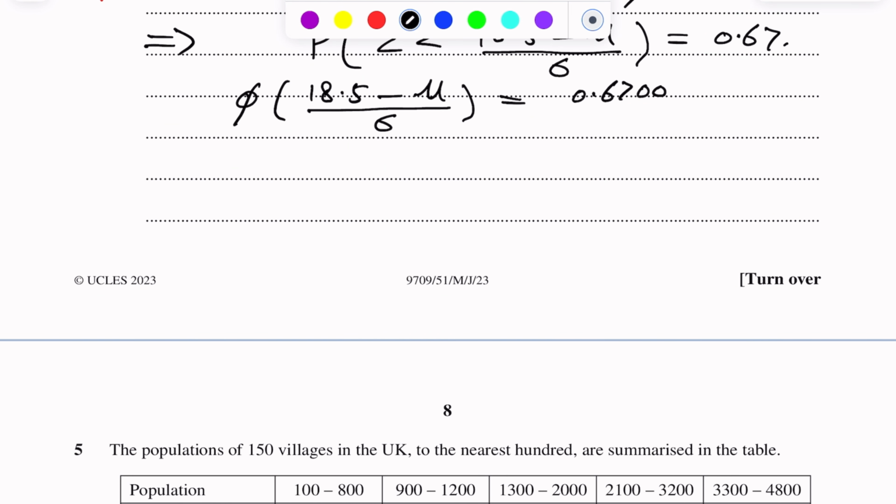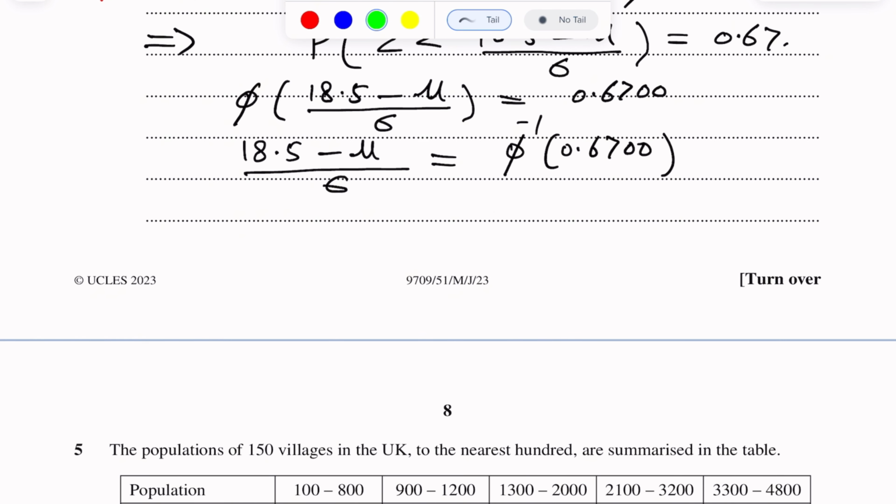So from here 18.5 minus mu over sigma is equal to phi inverse 0.6700. Now we will use the normal distribution table in reverse order to find the value of z against this probability.